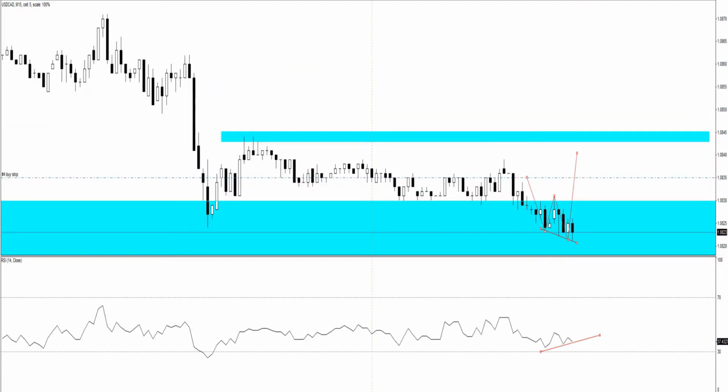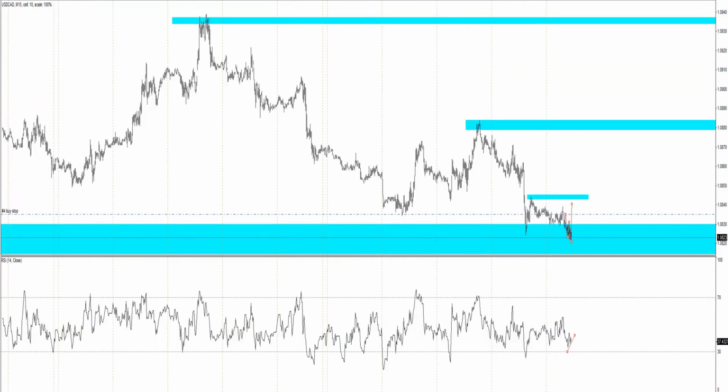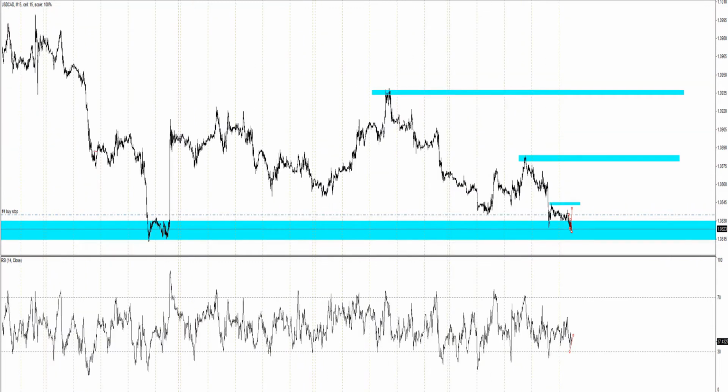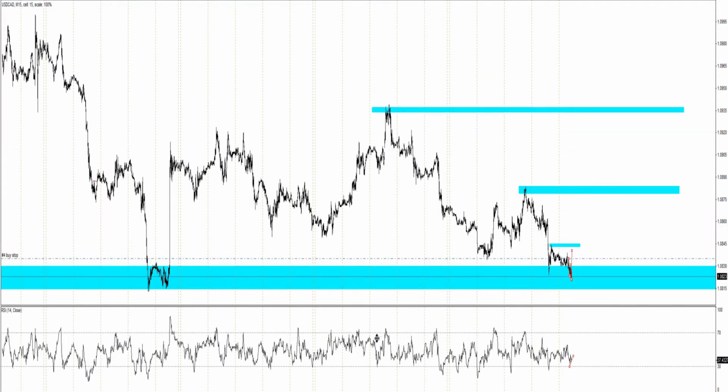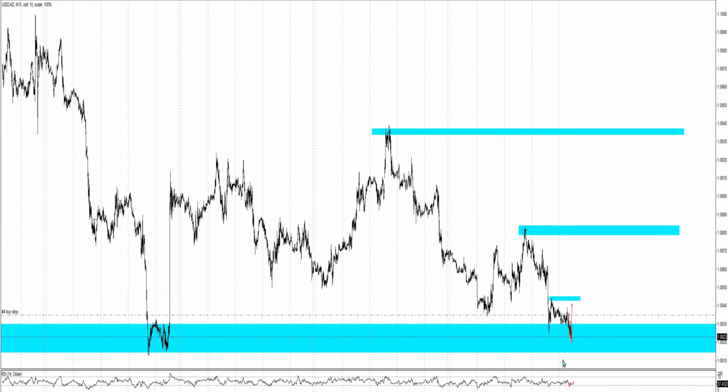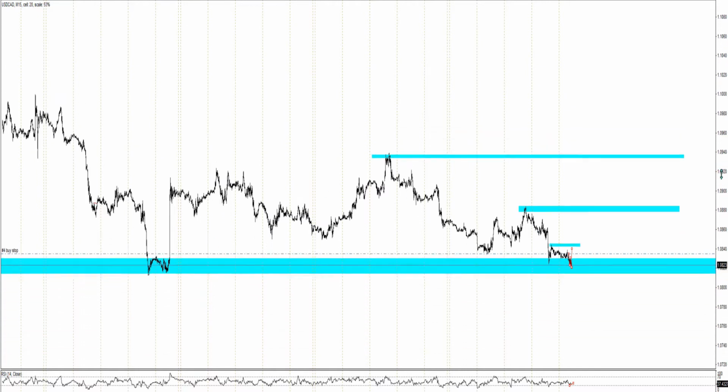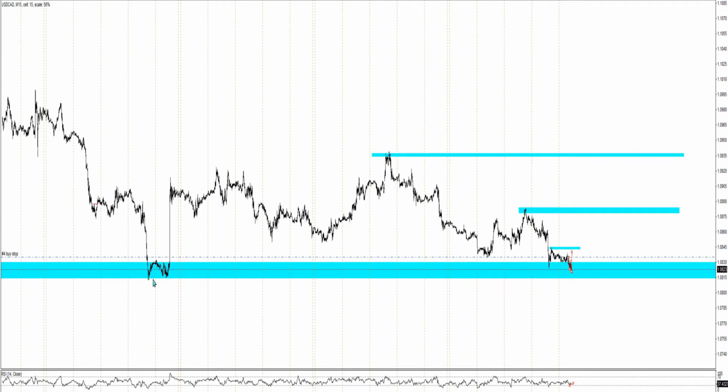Now I need to zoom out so that I can show you the correct way of placing the stop loss for this strategy. This here is your current price action. What we need to do is look at the previous area for placing our stop losses.